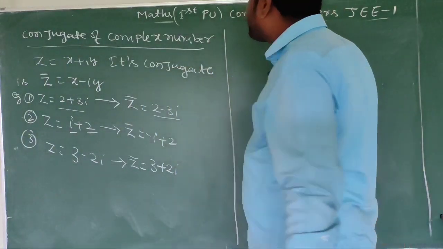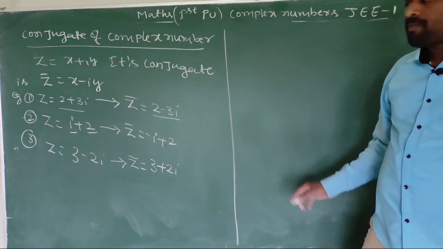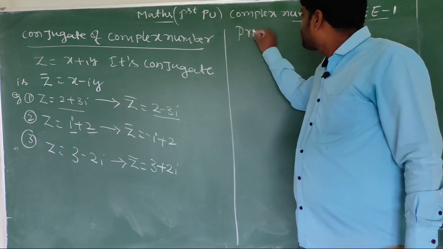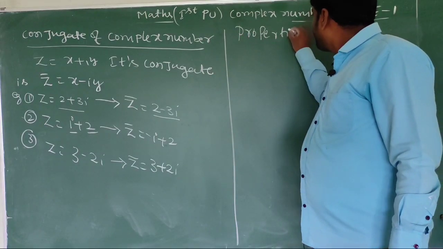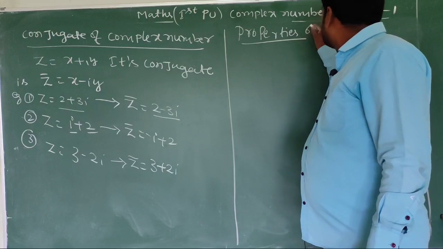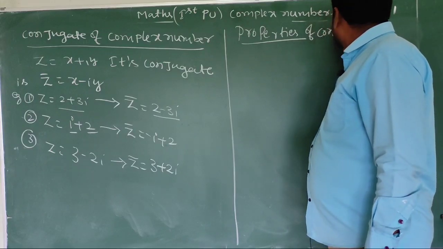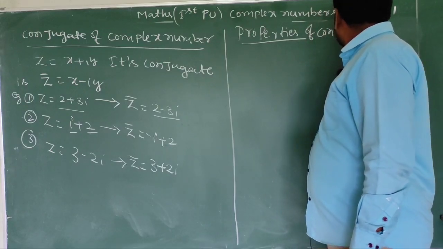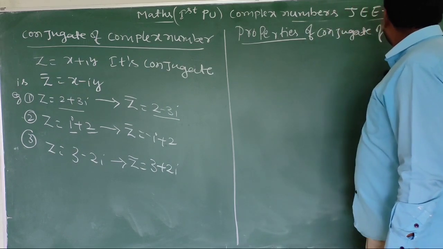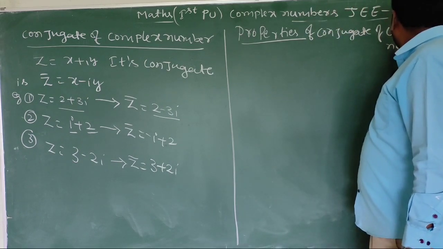Next, properties of the conjugate of a complex number.